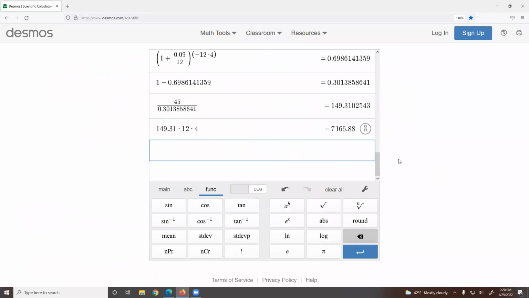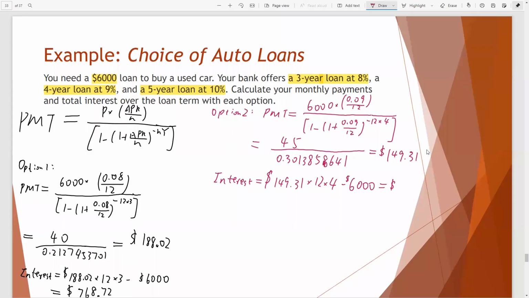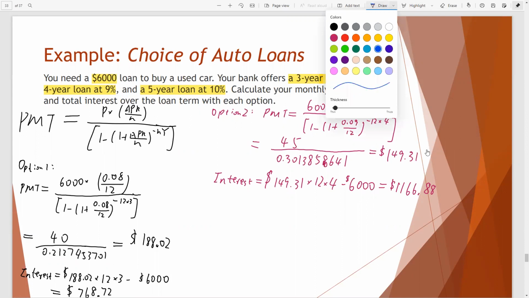How much do you pay? $1,166.88. Okay. So that's what the second option gives us.